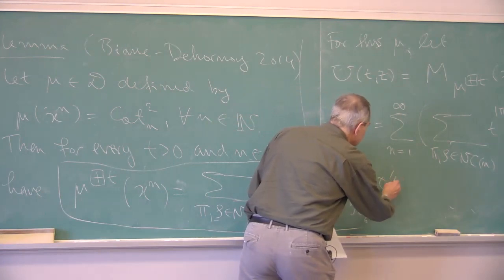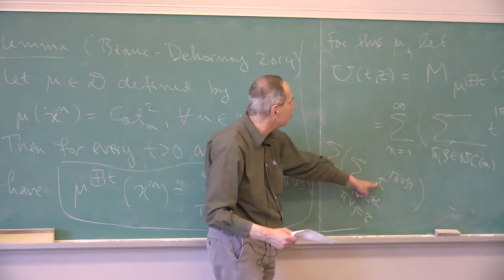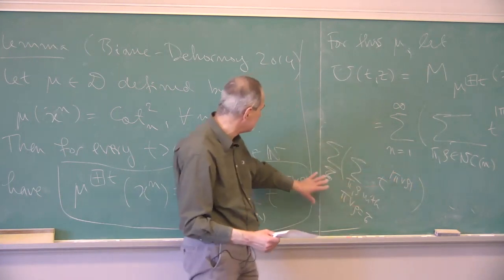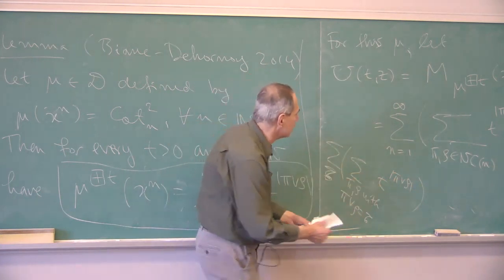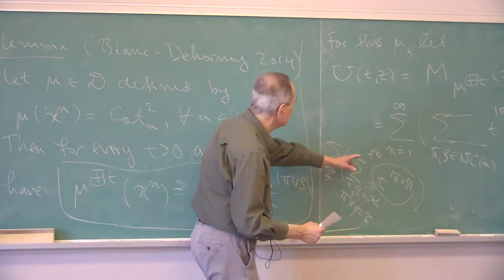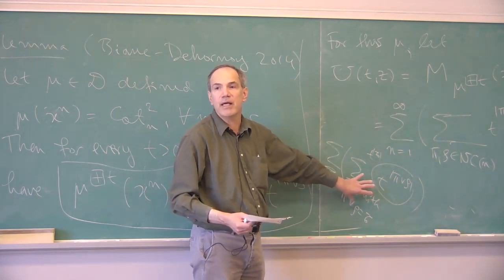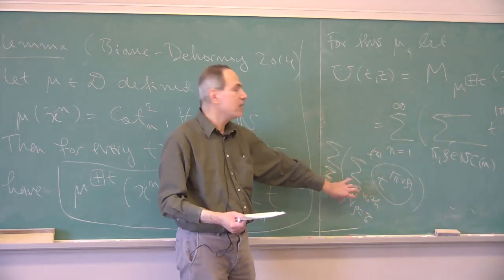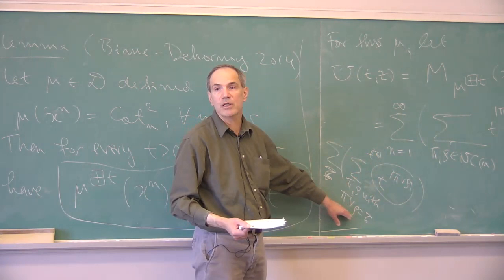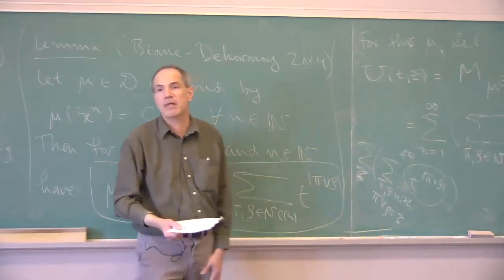Then this is a multiple of t to the number of blocks in tau, so this is constant now. This is t to the tau. So this goes out, and then here you have to count in how many ways some given tau can be written as a join of two other things, pi and rho, and there's a game going around there.